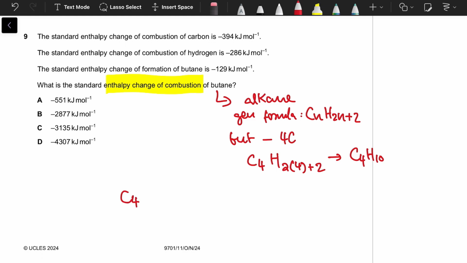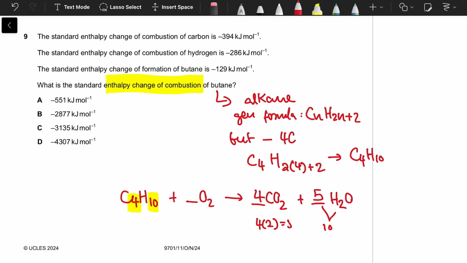So when C4H10 completely combusts with oxygen, or when any hydrocarbon completely combusts, we form a set mole of CO2 and a set mole of H2O. 4 carbons in butane, we need 4 moles of carbon dioxide, and since we have 10 hydrogens per butane molecule, we must add 5 here. 4 times 2 oxygen here, and 5 oxygen here.